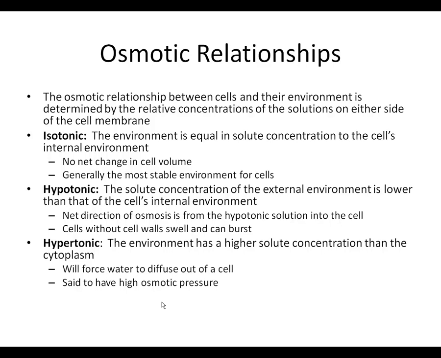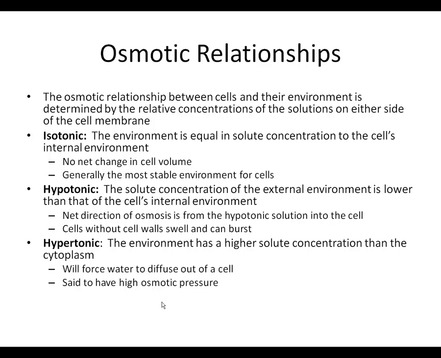You have some osmotic relationships. We learned about these all in A&P. Basically, this is a relationship between the environment and the relative concentrations of solutes and solvents within the solutions on the internal and external parts of the cell. If we're talking about an isotonic relationship, the environment is equal in solute concentration to the internal structures of the cell.